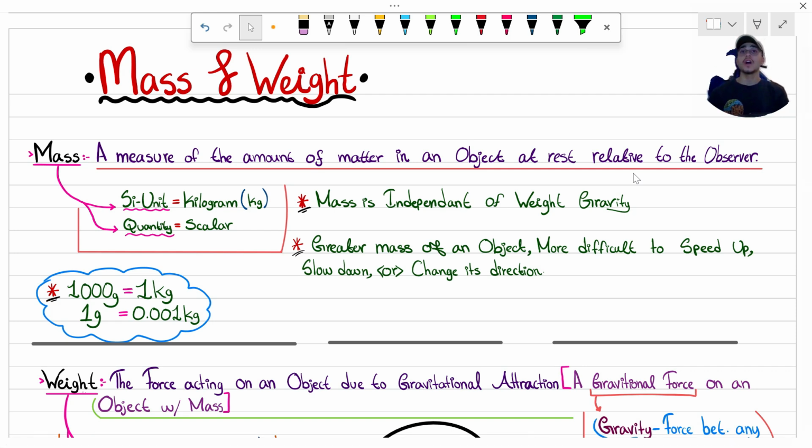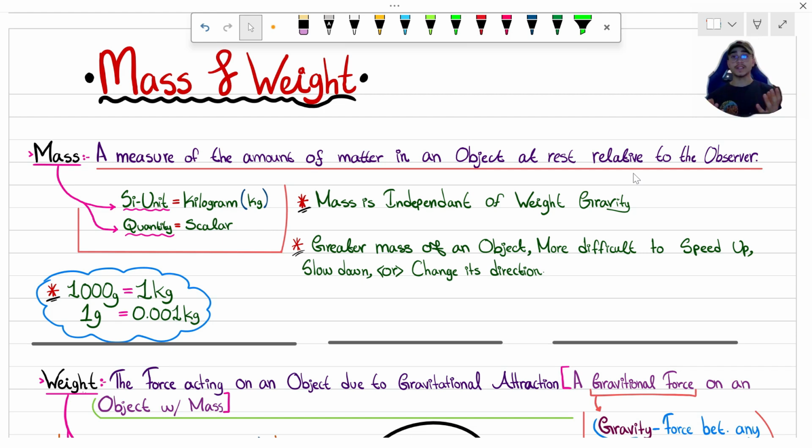Mass is a measure of the amount of matter in an object at rest relative to the observer. Weight is a force. It's a force. Weight is, in simple terms, the gravitational force. That's it. Weight is the gravitational force on an object.